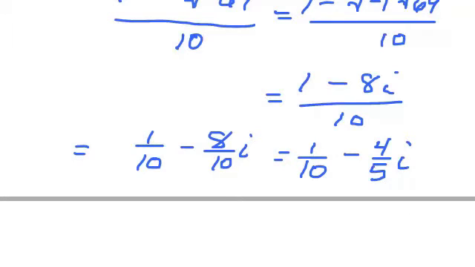Okay, so we have 1/10 minus 4/5 i. Okay, let's take a look at another one. That was 7, I believe.